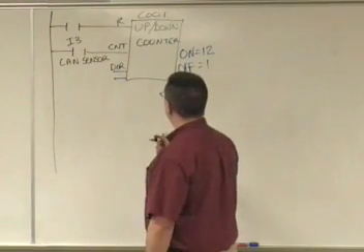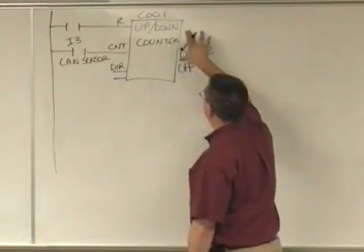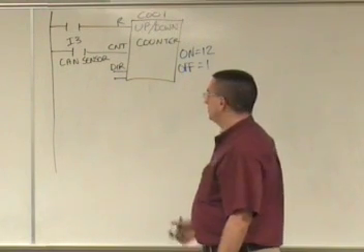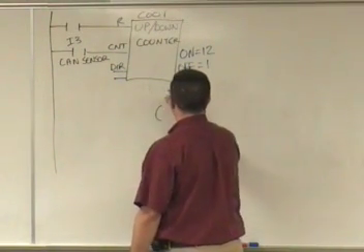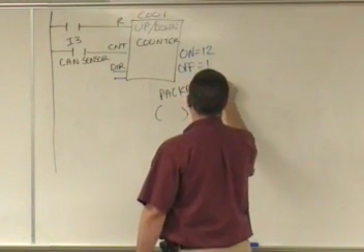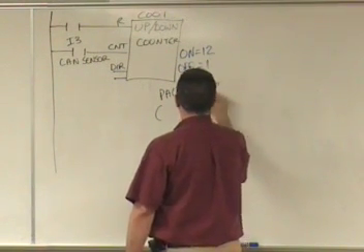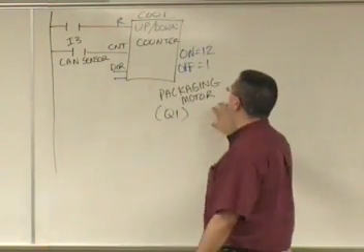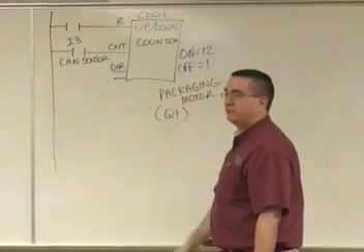Now when this gets to 12, how do I turn the machine on if this is an up-down counter? So I have this machine. Maybe this is my packaging motor, maybe it's Q1. I want that packaging motor to turn on when this gets to 12.